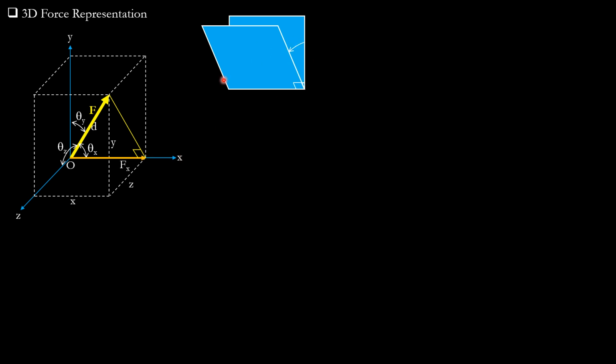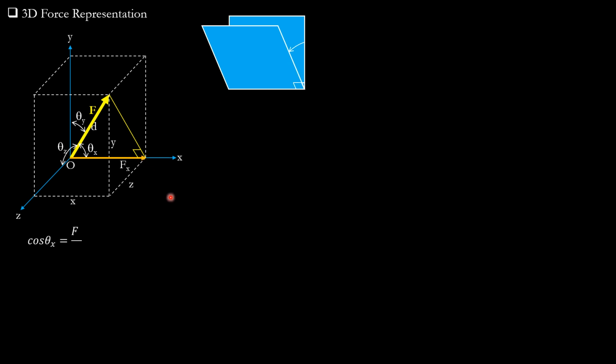This is the angle of rotation, and it is still 90 degrees. The line from here to that corner is an imaginary line where the force is directed from the origin to that line. That's why it's still 90 degrees.